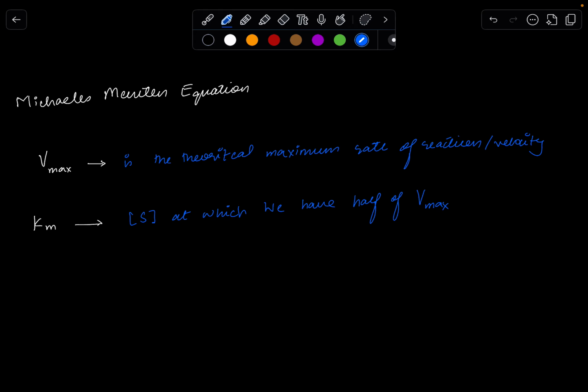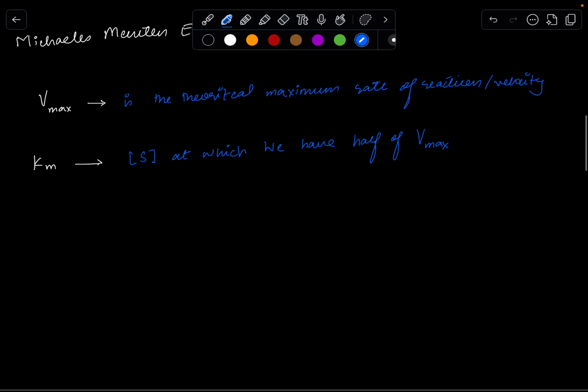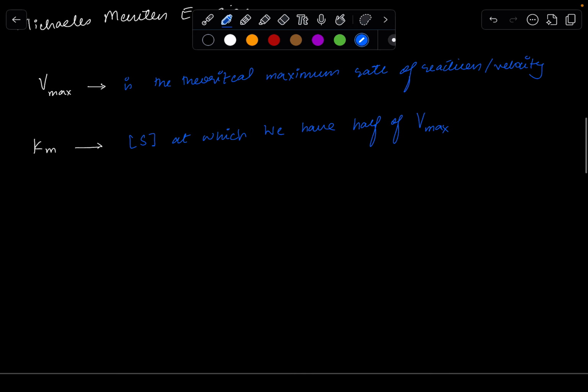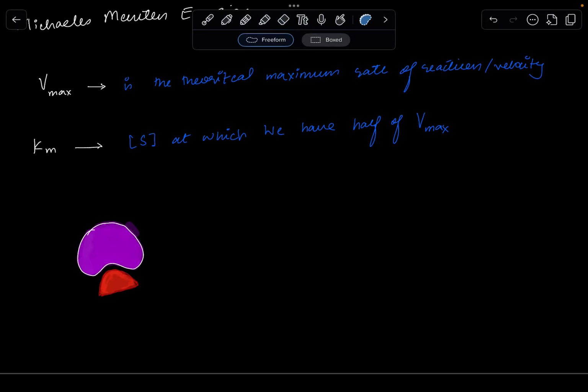But before we dive deeper into this, I want to introduce a few things. One of which is explaining how enzymes work. So the first thing we need to know is that enzymes are proteins, correct? And they're tertiary or quaternary proteins.